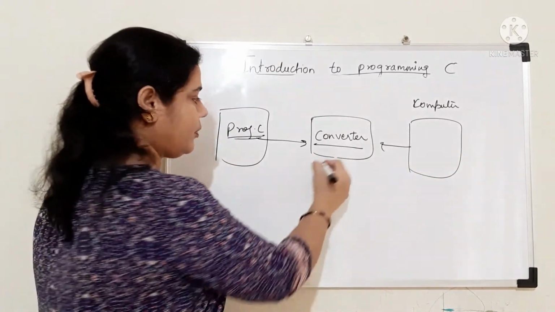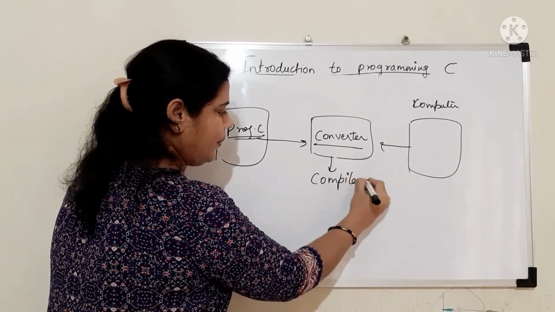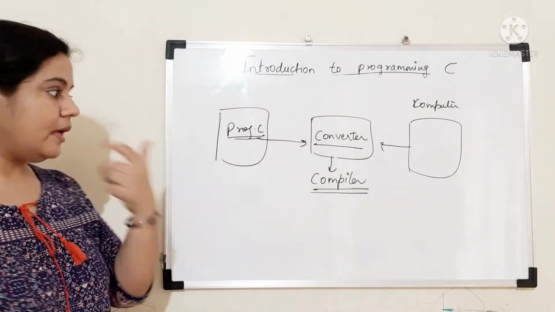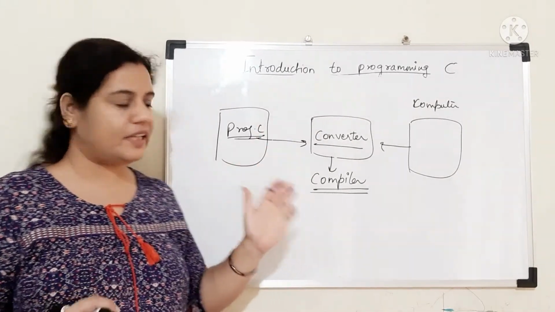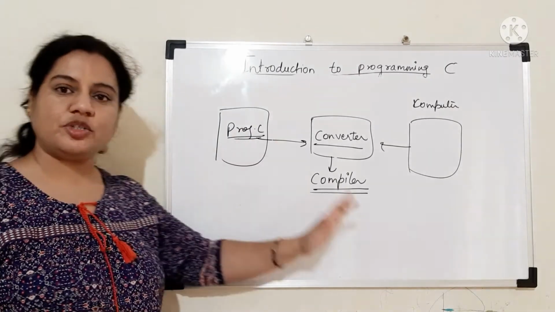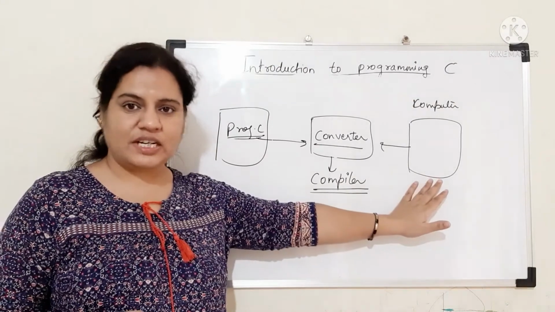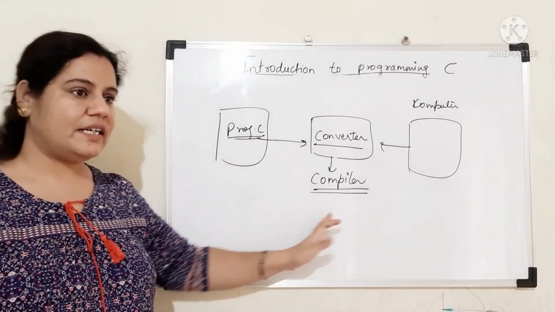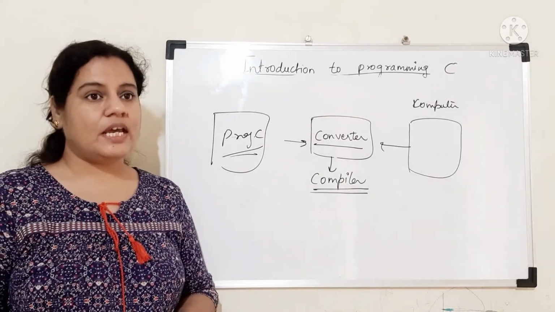That converter is basically a compiler. The compiler checks the whole program. If it is fine and error free, it converts the program into object code that is close to machine level language. This is the work of the compiler, and it plays a very important role in the C programming language.